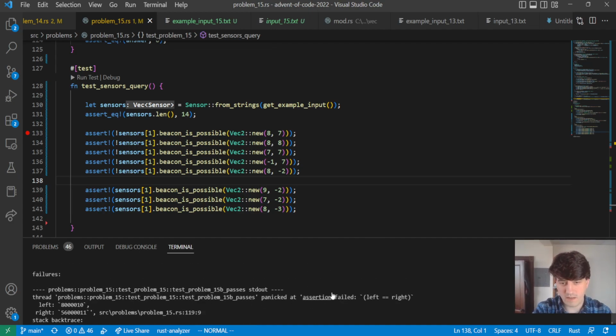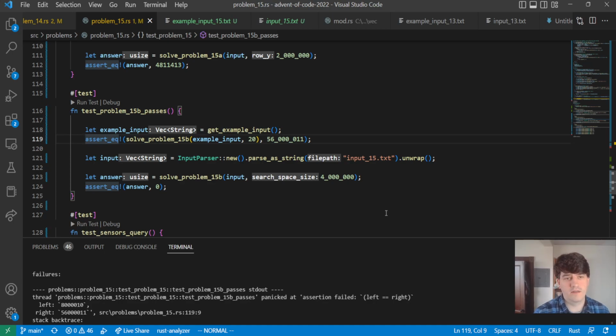And this is failing. Okay, so this is failing on our example input. Looks like it's finding something at 2,10.